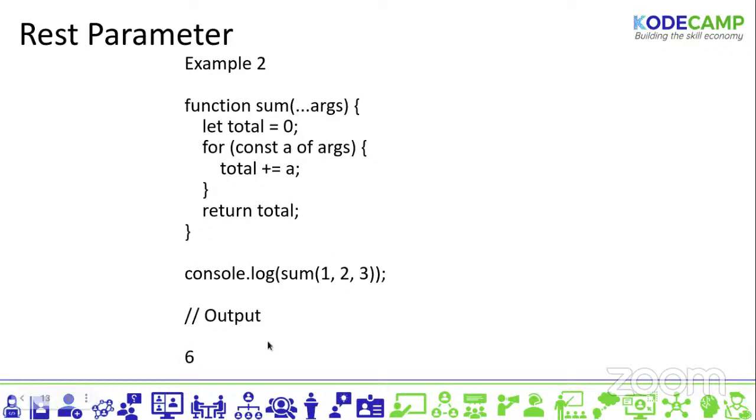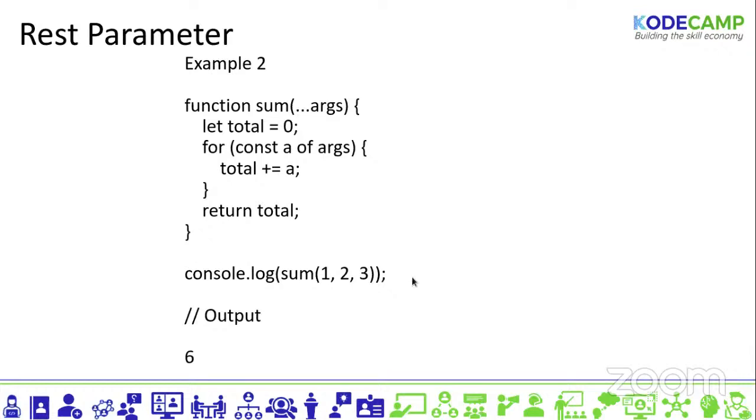So you see that this function gives an output. Of course, I already mentioned this: the rest parameter has to be the last argument because it collects all the remaining arguments into an array.